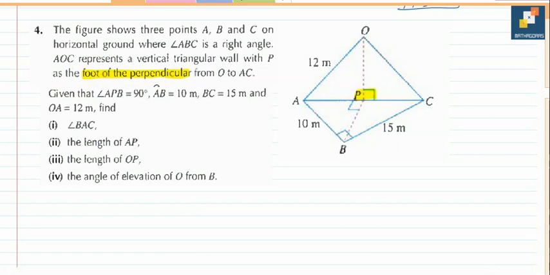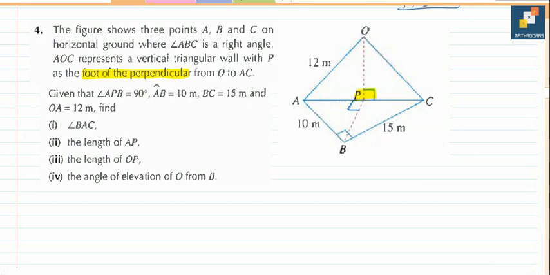Given that angle APB is 90, which one? This angle APB, this one, and AB is 10, BC is 15, OA is 12. Find the angle BAC, right? So it will be good if you try it by yourself. This part is very easy.